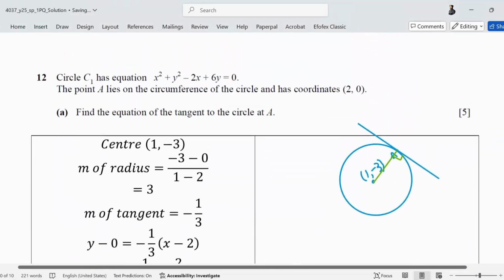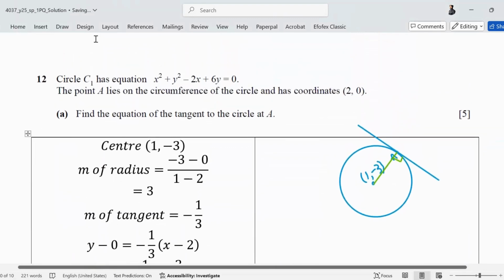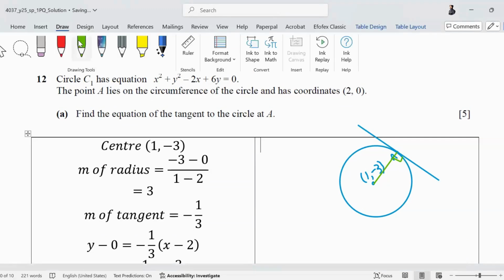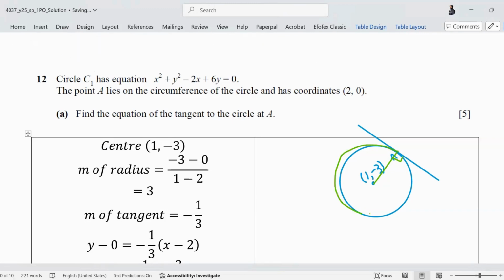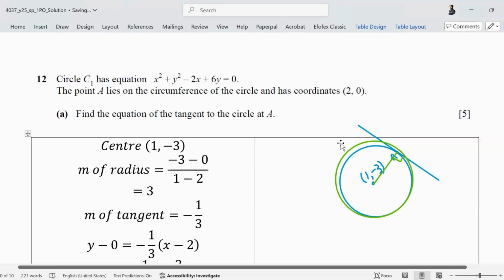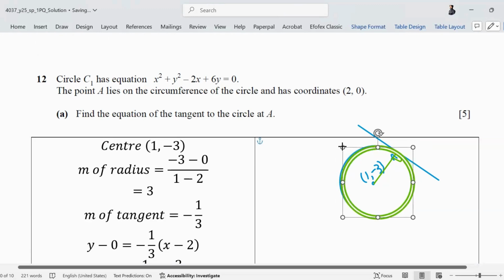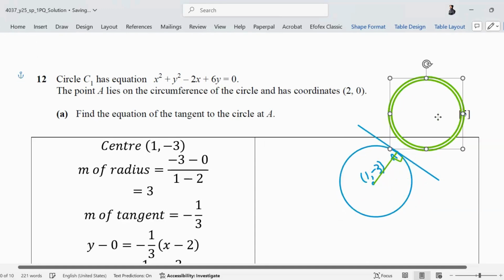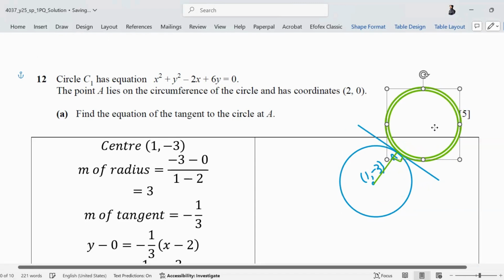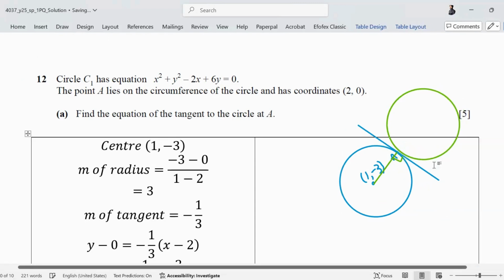Now, if I want to reflect this circle in this tangent, the radius obviously will not change. The only thing that will be changing is the center. So if I draw another circle reflected on the tangent, then what will that mean?